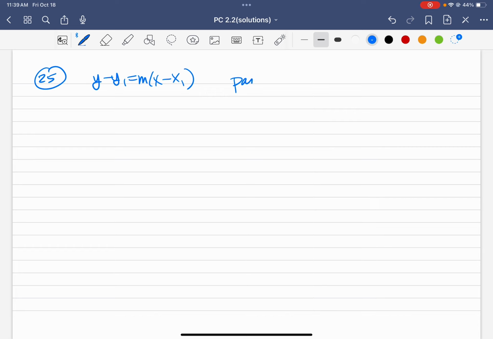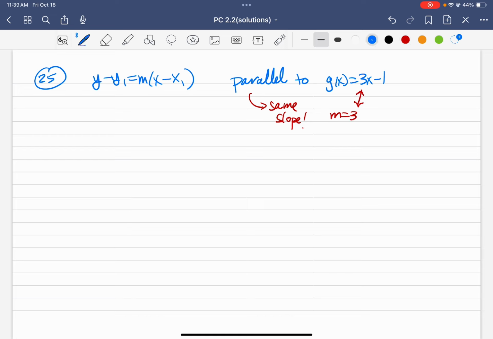I want it to be parallel to this. So that means parallel is going to mean same slope. So that means my slope needs to be 3.